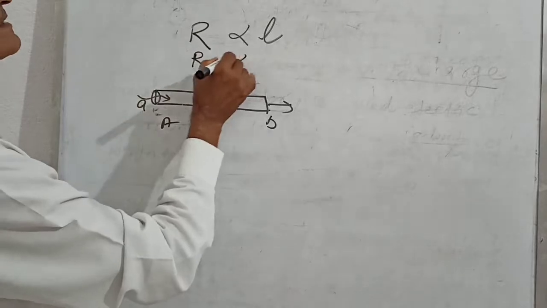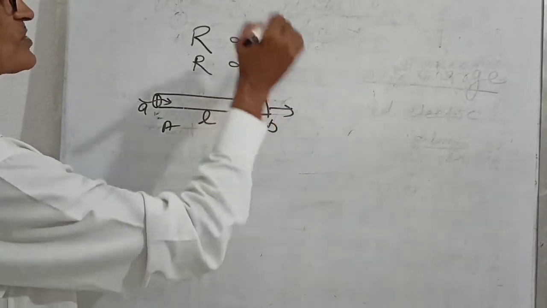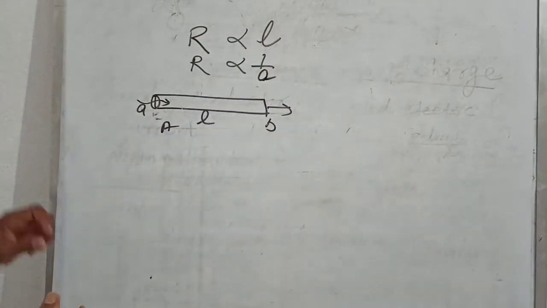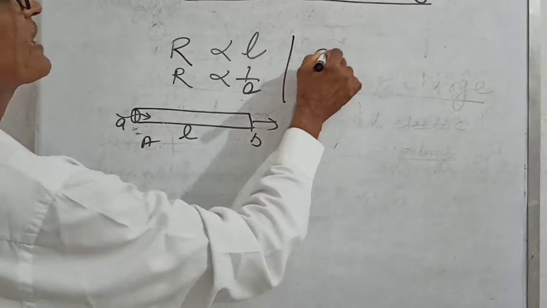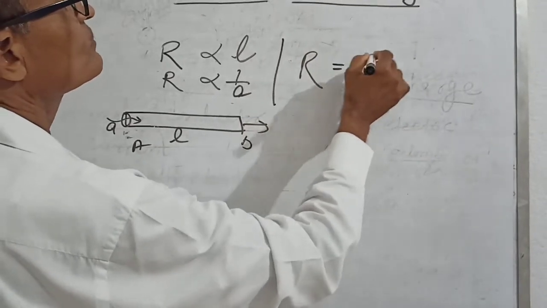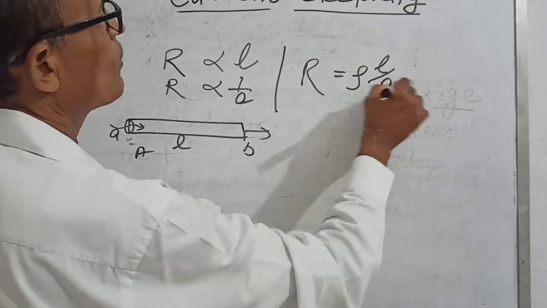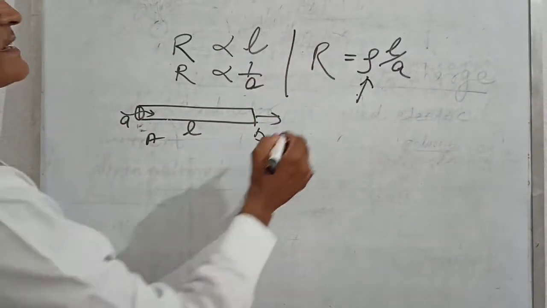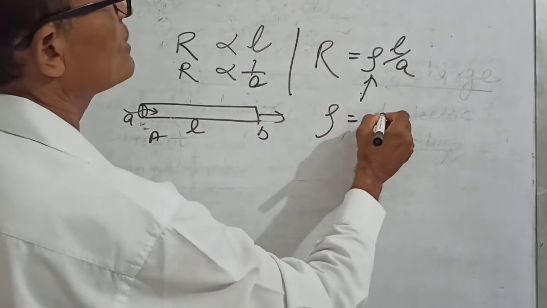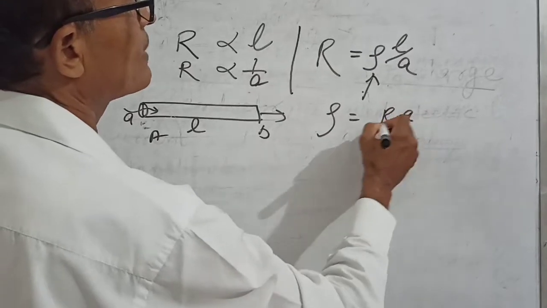Resistance is inversely proportional to the area of cross section. The larger the area of cross section, the lower the resistance. Therefore, we join together and obtain the formula R is equal to rho into L by A, where rho is called resistivity. So resistivity rho is equal to R into A by L.